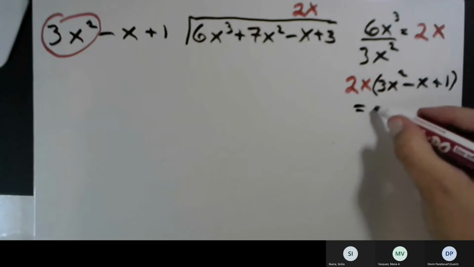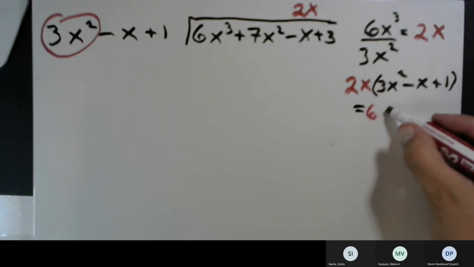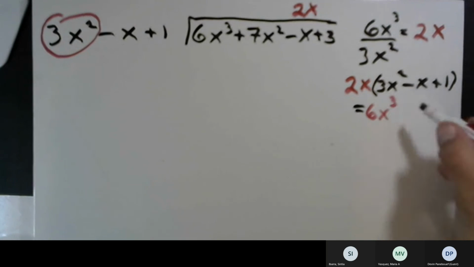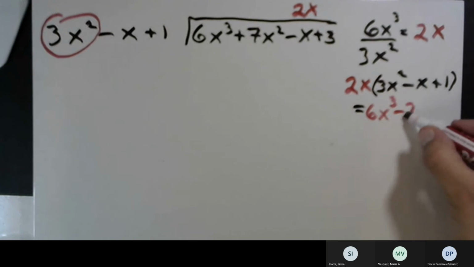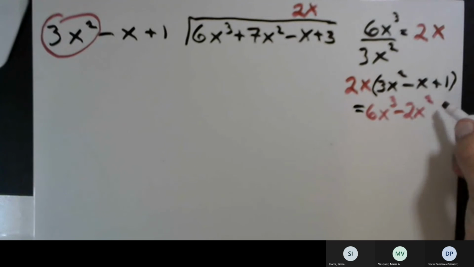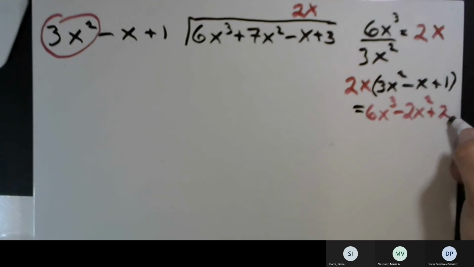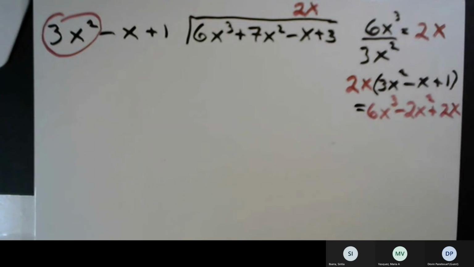And so this will be 6x³ minus 2x² plus 2x.